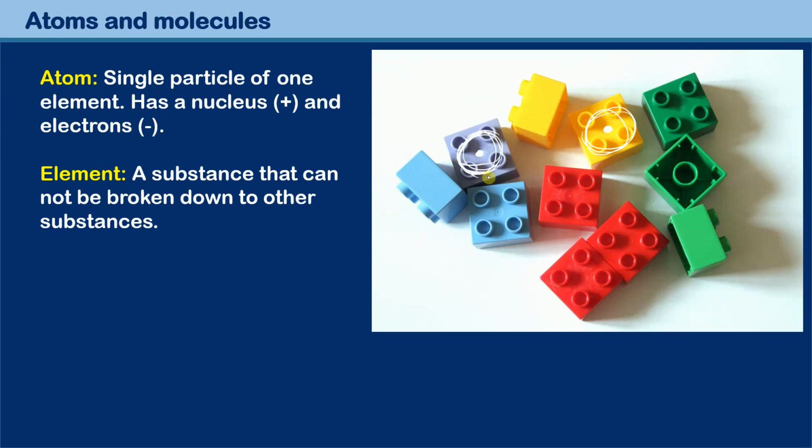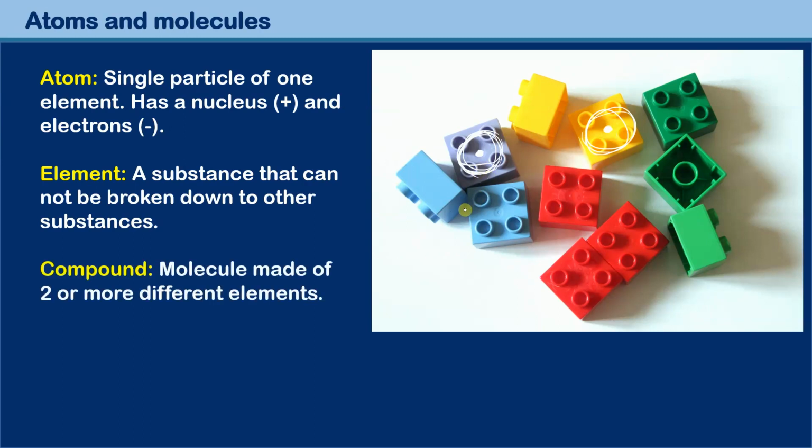So we move on. What is a compound? Now, in nature, atoms rarely appear on their own, but they are usually bonded together over these electrons. And a molecule is formed when two or more atoms of different elements combine and pair up.